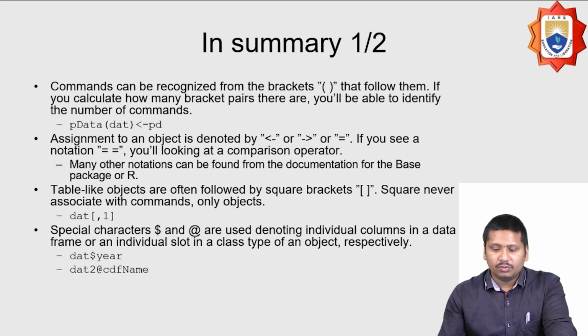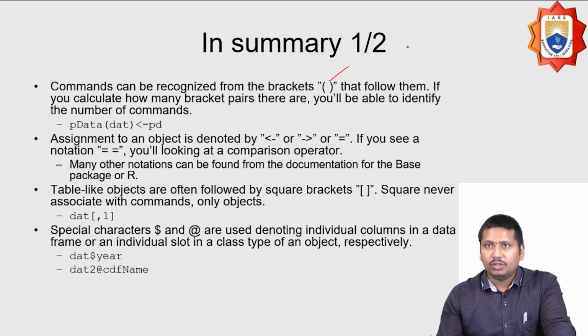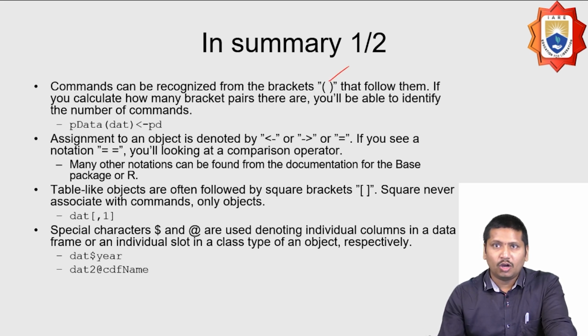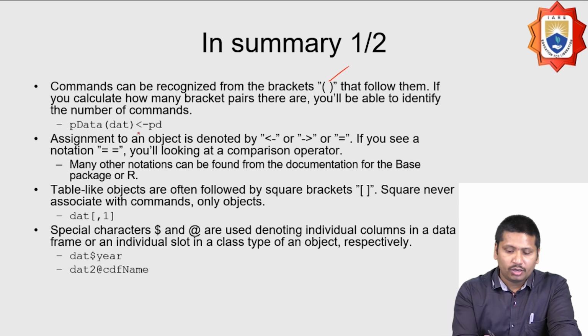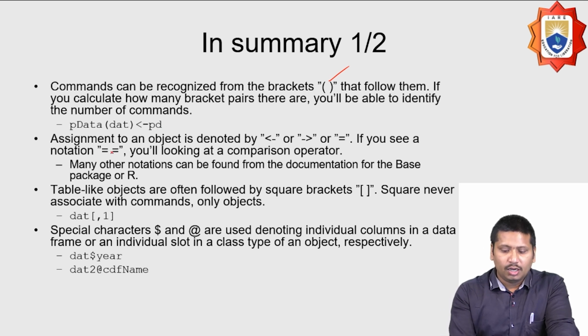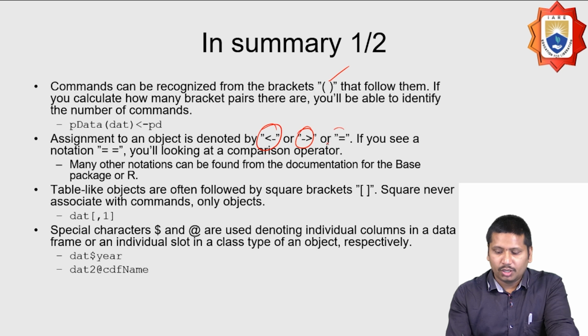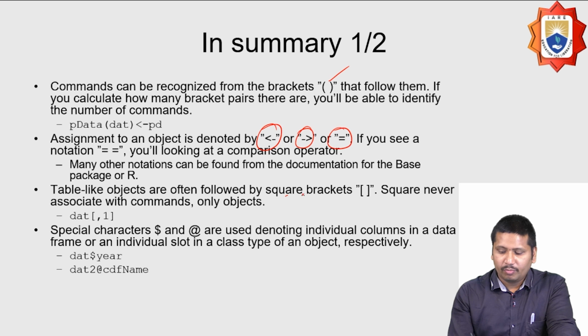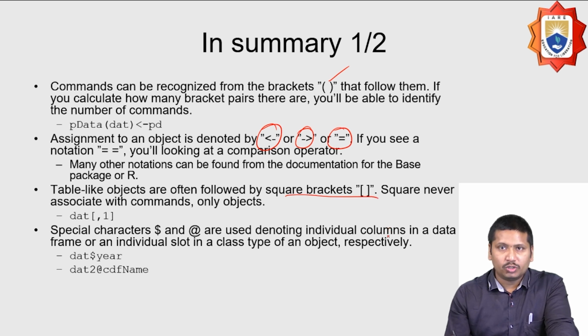In summary, the commands can be recognized from the brackets that follow them, and if you calculate how many brackets there are, you will be able to identify the number of commands. Assignment to an object is denoted by an arrow, or I can use the equals sign. Table-like objects are followed by square brackets, and square brackets are never associated with commands, only objects.